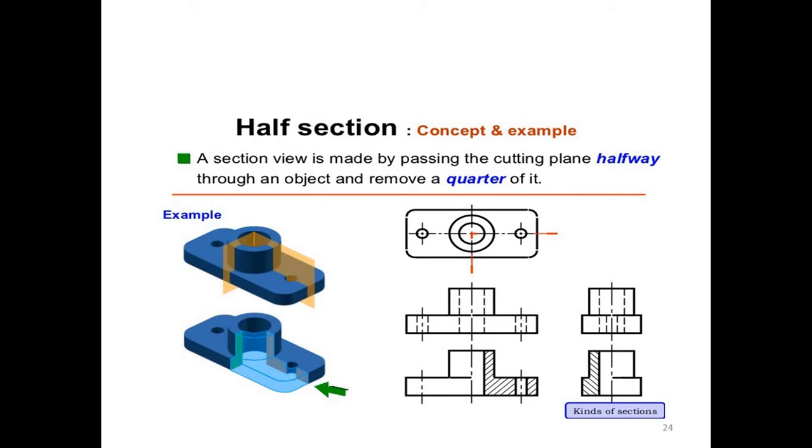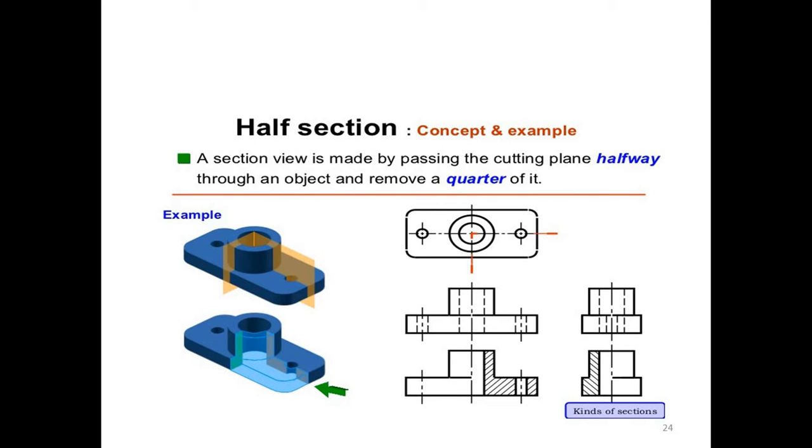So as shown in that figure, the half section of the component is shown. This is the difference between full section and half section. In a full section, we consider a straight line of the cutting plane, so only one cutting plane is there.